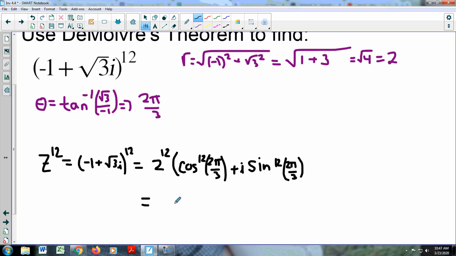Well, 2 to the 12th is 4,096. 12 times 2 pi over 3 is 8 pi, so cosine of 8 pi plus i sine of 8 pi.